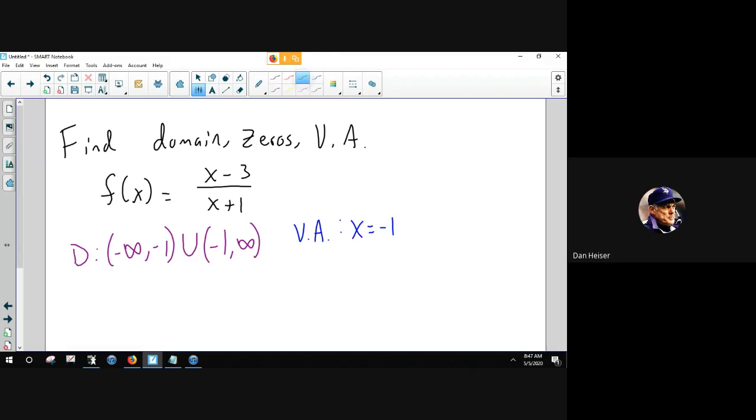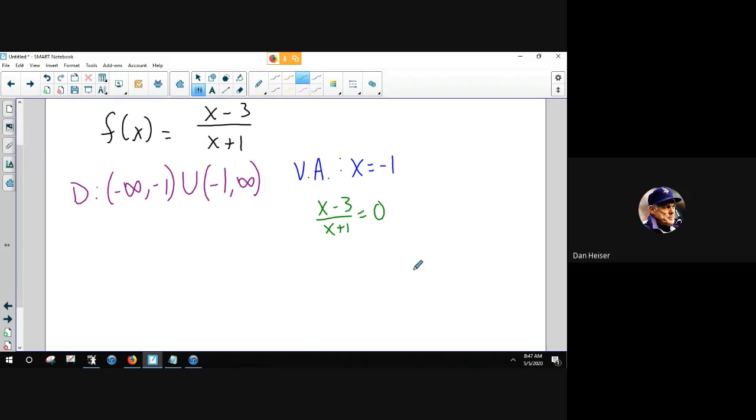Find the zeros. We simply set the function equal to 0. Now you need to remind yourself, how do you make a fraction 0? You know the denominator cannot equal 0. So how do you make a fraction equal to 0?